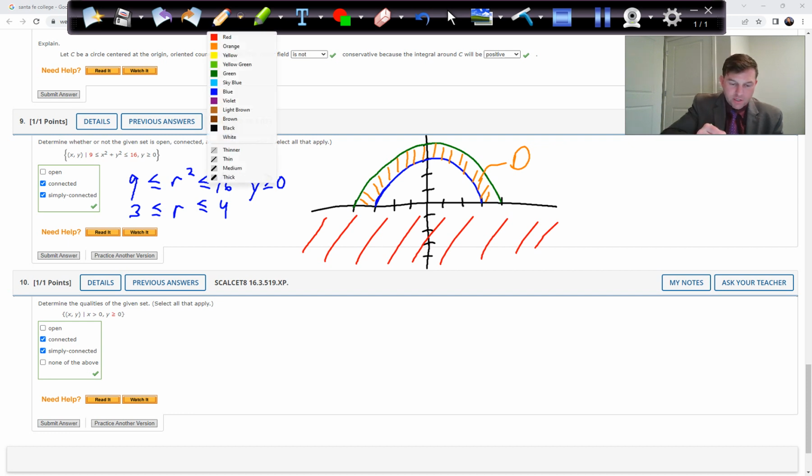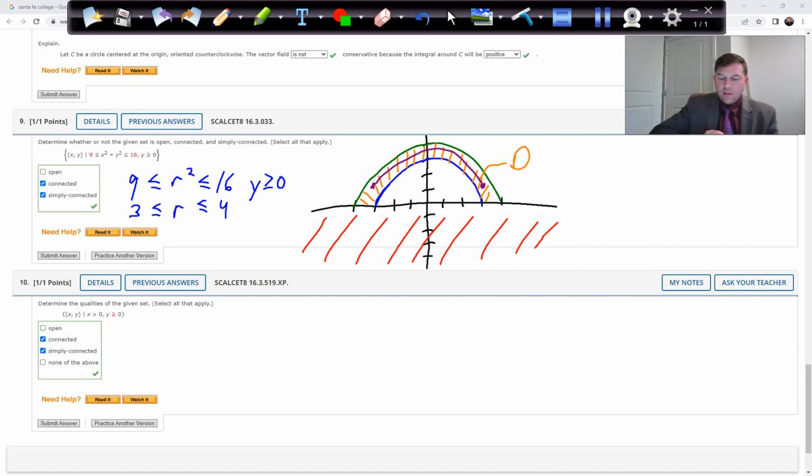For example, I pick this point here and this point here. There does exist a curve that connects those 2 points, and any 2 points I pick in there, there's a simple smooth curve that connects them. So that would be connected.